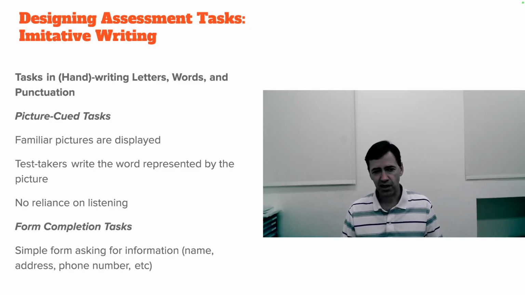Or you could do something like a form completion task where students get a form and it's a simple one asking for some information, like write your name, write your address, write your phone number, things like that. Address, I will argue, is a challenging one because most students in Taiwan will not know how to write their address in English, but you could give them other types of information. What grade are you in? Things like that.